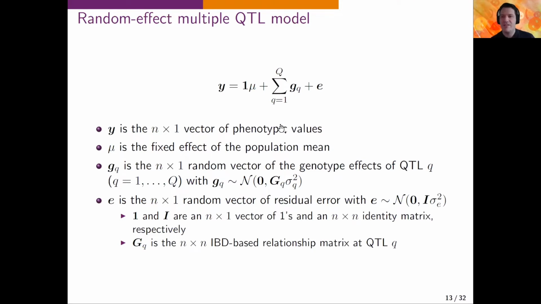Note that for such a model, we only need to estimate one parameter per QTL. And that's why it's kind of easy and not so dangerous to put together multiple QTL in the same model, right? Because for the random effect model, we only need to estimate one parameter per QTL, which is the variance component. But for a fixed effect model, let's say for a tetraploid, we need to estimate for each QTL 6 effects, right?